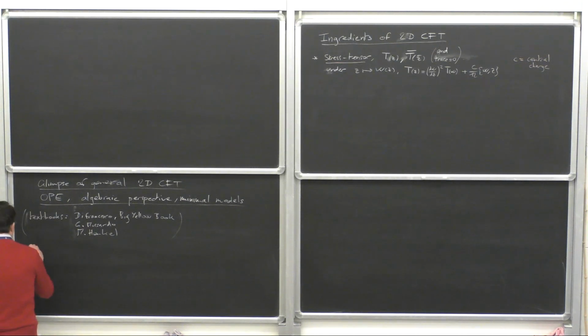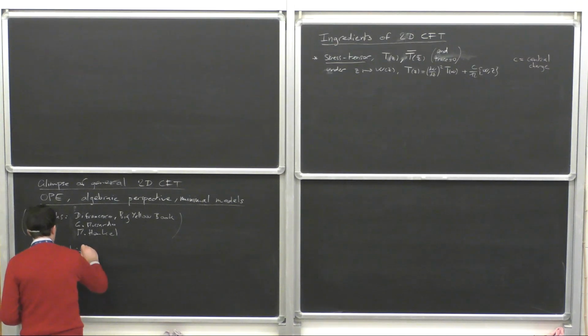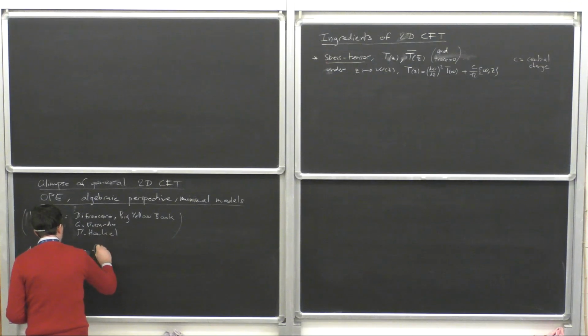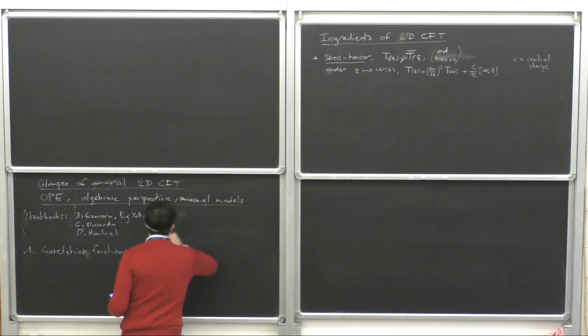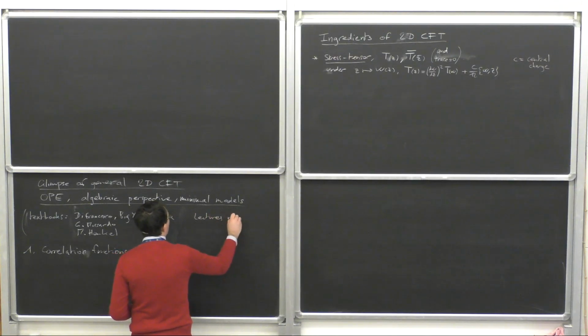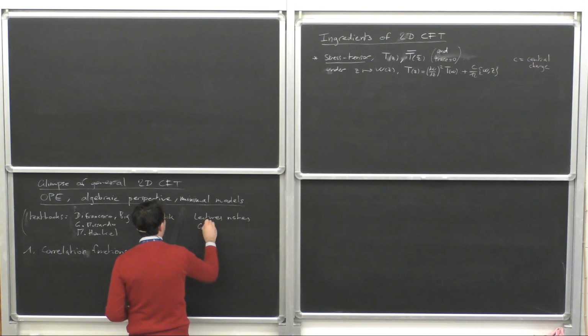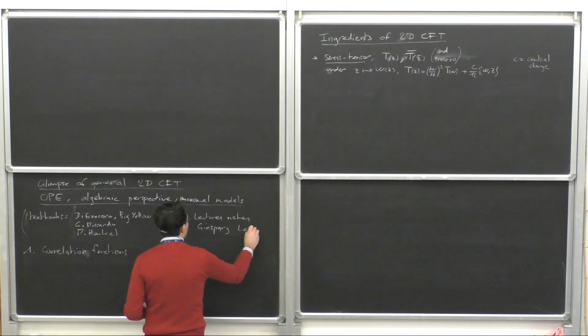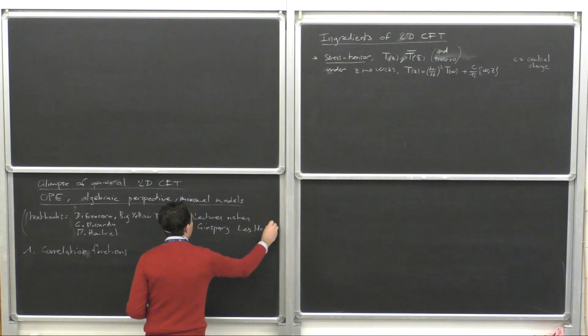So let's start with correlation functions. And yeah, one that I didn't mention that is really excellent are the lecture notes from Les Houches by Ginsparg, Ginsparg, Les Houches, 88.